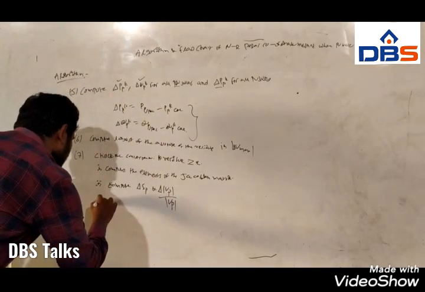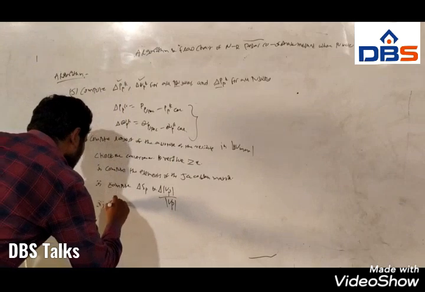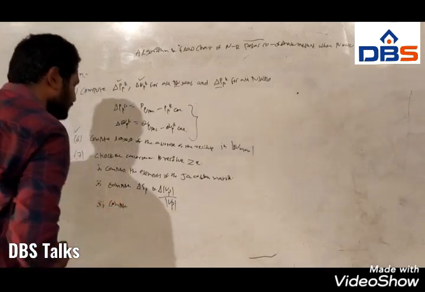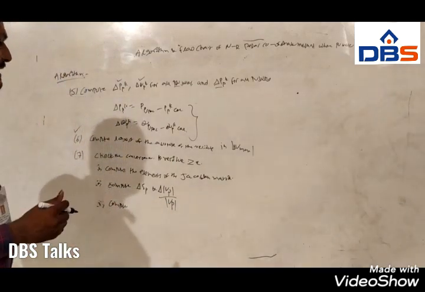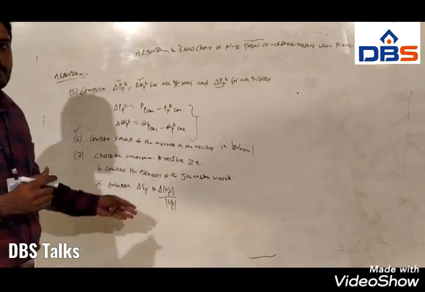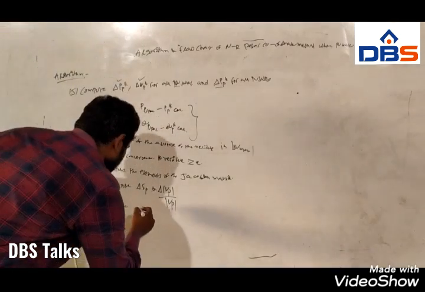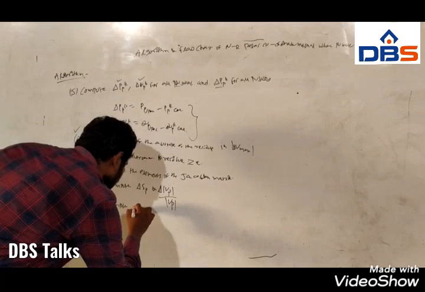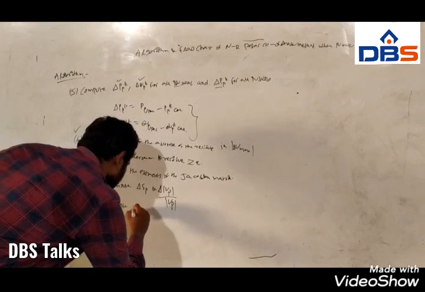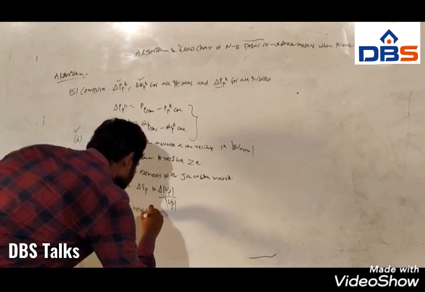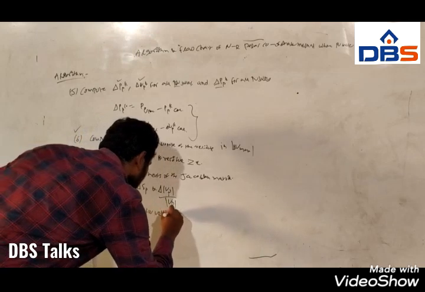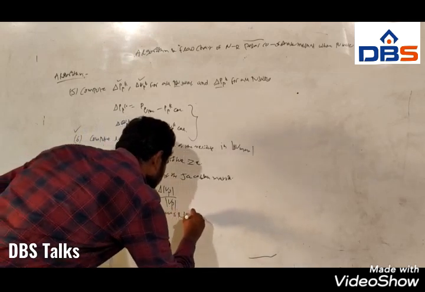And next, compute the updated new bus voltage magnitudes and phase angles for all PQ buses, and phase angles for all PV buses. That is, the updated new bus voltages and phase angles.